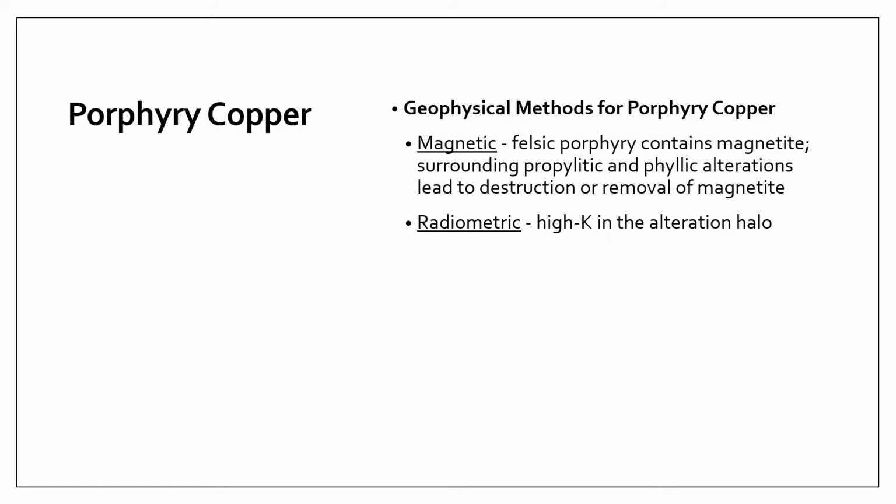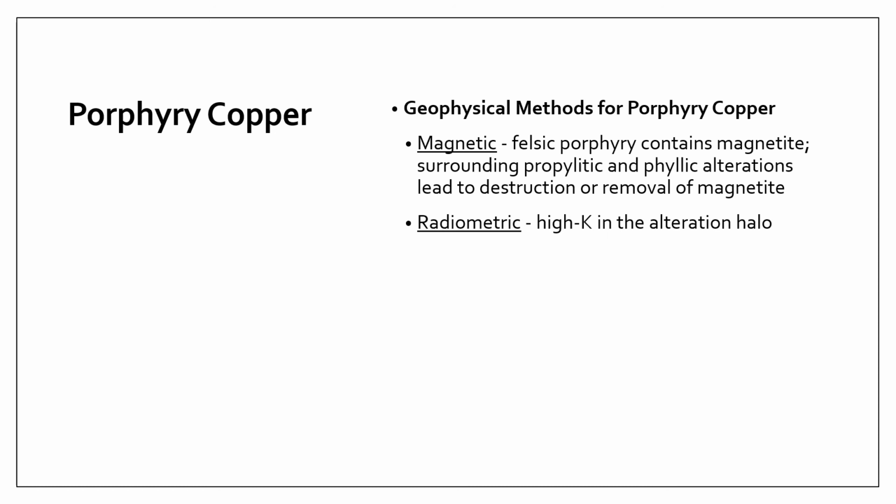So felsic porphyry copper contains magnetite, so it can have a strong magnetic signature. On the other hand, propylitic and phyllic alterations, okay, involve destruction of your magnetite. So these zones, on the other hand, have low magnetic intensity.